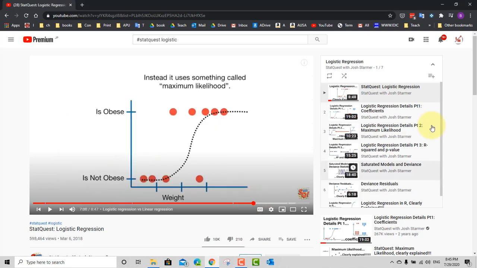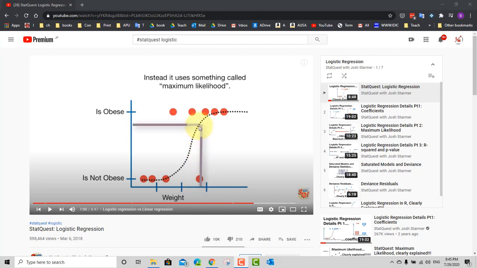Now we want to go to this picture, and we're going to try and fit an S-curve to this data, because we're going to use this S-curve to predict the data. For example, when the weight is, say, right here, we're going to go up to here and over, and that's going to be our prediction.